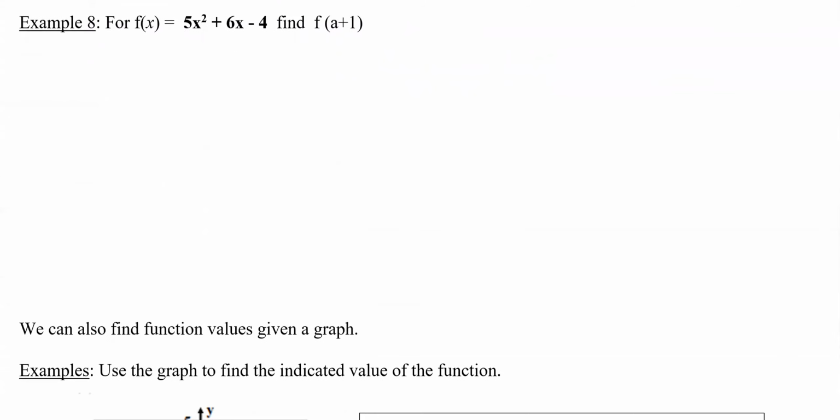All right, number 8. This time we're going to substitute in a plus 1 wherever there is an x.